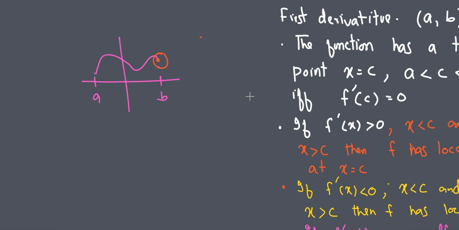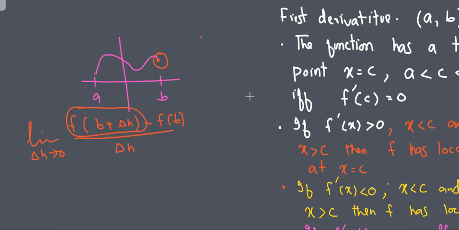Because at this endpoint, when we are calculating the derivative of the function, we will take f of b plus some delta h minus f of b, if you remember the definition, over delta h, and the limit as delta h tends to 0, right? Now this part is not defined for the function. Means if I add any step size in b, at this point the function is not defined. So that's why we cannot calculate the derivative at the endpoints. Clear?